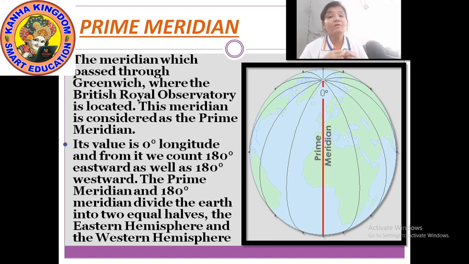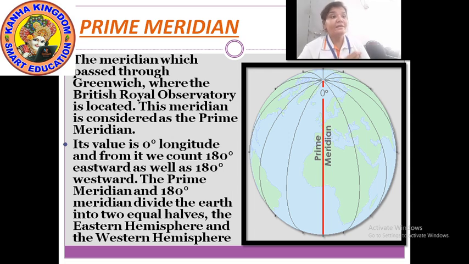Now from the prime meridian we can count 180 degrees eastward as well as 180 degrees westward. So there are 360 longitudes, I had told you.